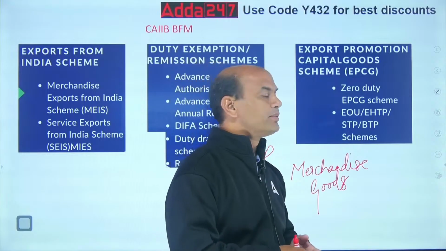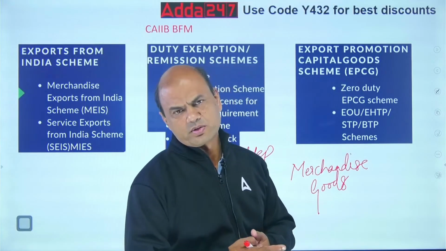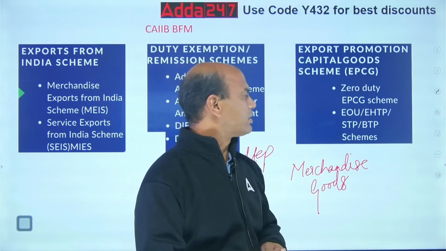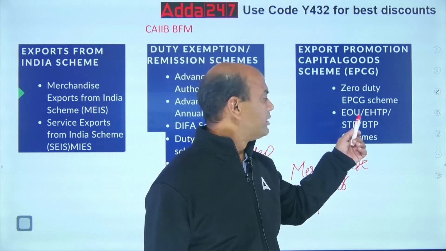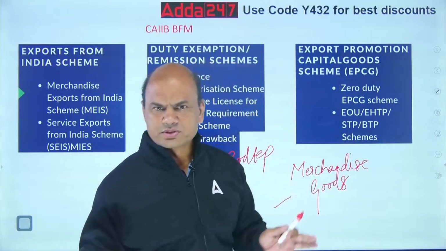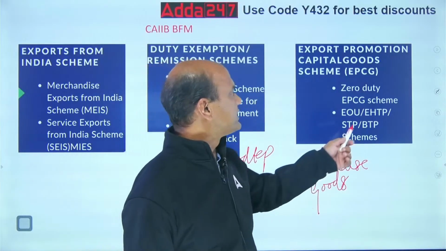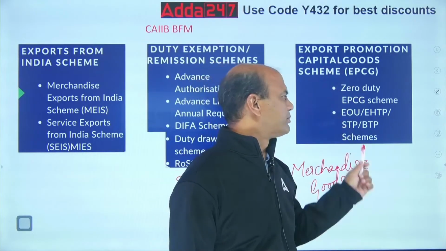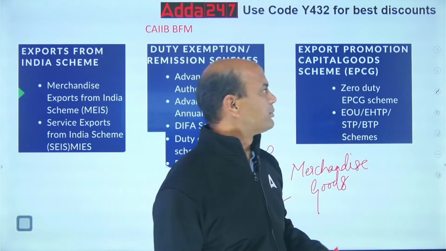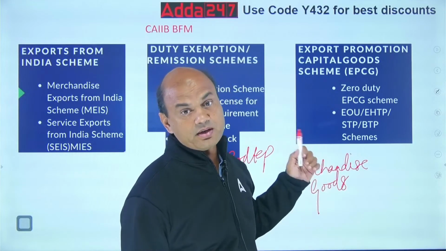What is this EHTP? Again, it's an export oriented unit only. These are all the various names. STP, BTP, these are all the export houses. So these are the schemes for export promotion. You can study them in details. In the paid classes, we'll be discussing them in details.